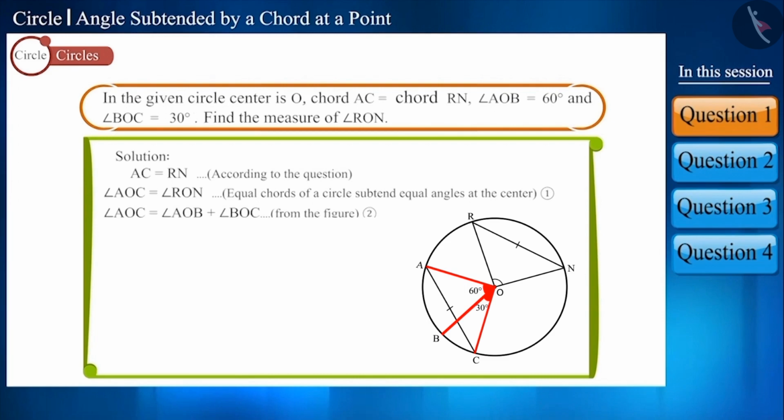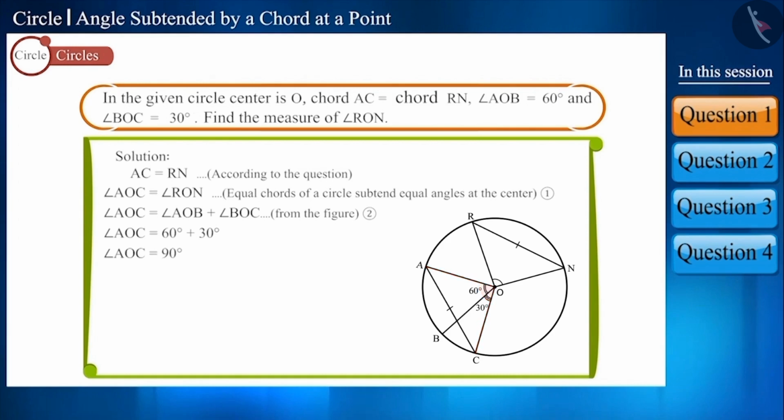So, we can write it like this. We are given the measurement of angle AOB as 60 degrees and angle BOC as 30 degrees. By placing their measurements here, we can find the measure of angle AOC. The angle AOC is 90 degrees.